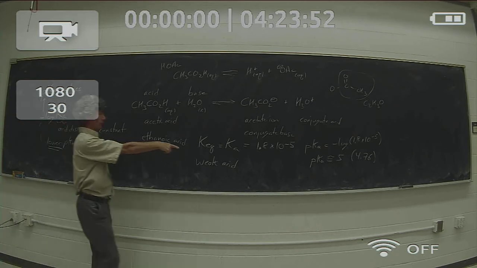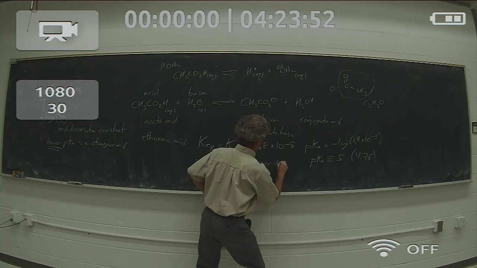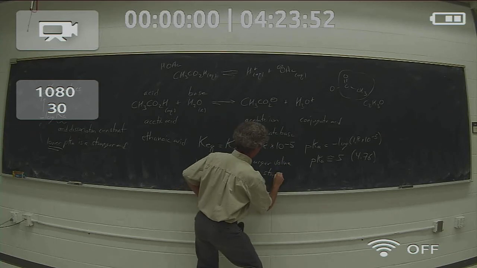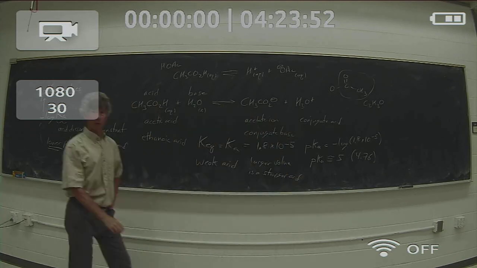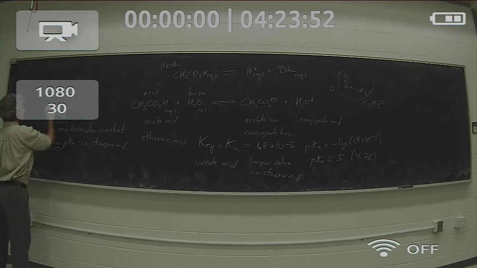The larger value for Ka is the stronger acid. But we will almost always, in organic chemistry, classify our acids as stronger or weaker than one another by giving the pKa value, not the Ka value.